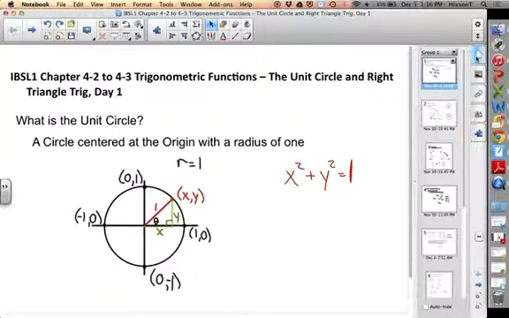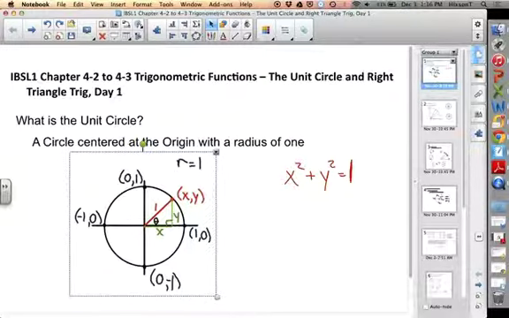But we could make a right triangle with the x coordinate and the y coordinate. With all of these, because the radius is 1, the hypotenuse of that right triangle will always be 1. So we're going to use that here in just a moment to help us find a number of points on the unit circle.